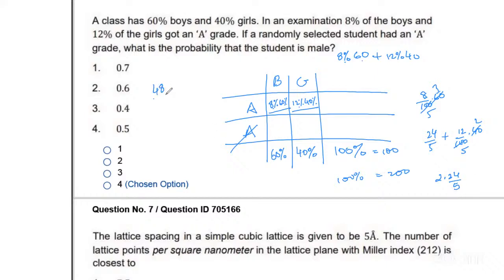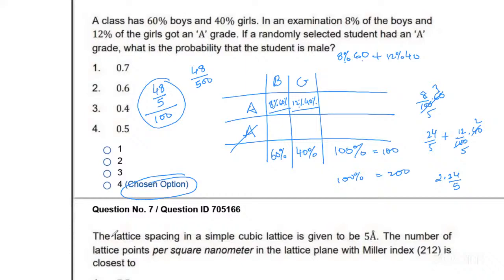And remember, I have to divide it by 100 because it will be over the entire 100. So 48 over 500. So I've made some error. Definitely I made some error because I had solved this to be a half.